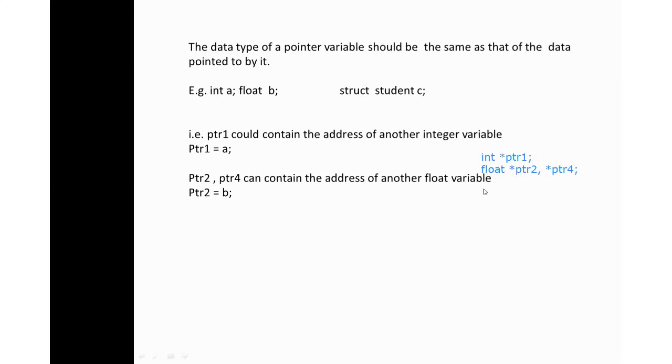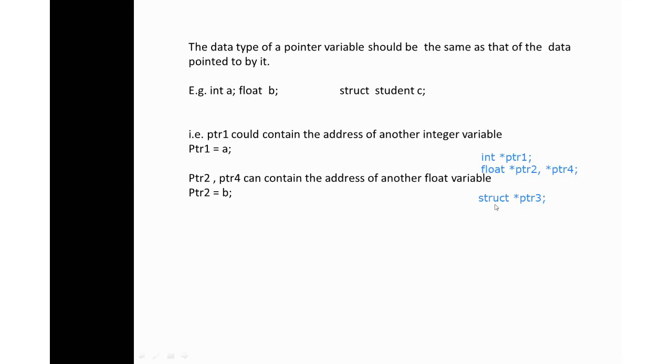Is it clear? Then one more thing that we went on to declare was struct star PTR3. This is how we have declared it.